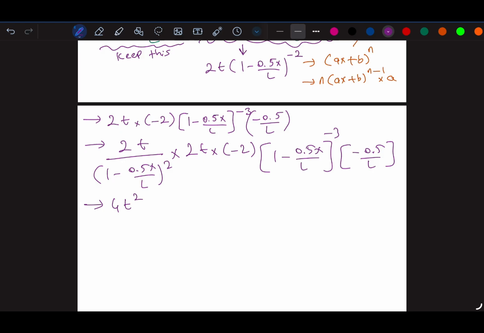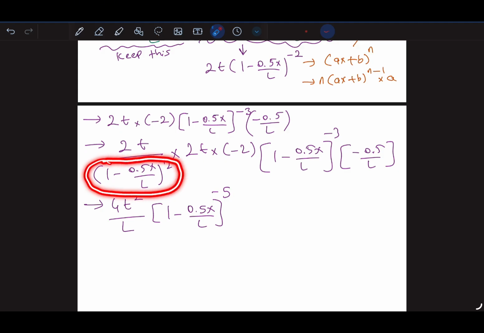We have 4t squared over L. We have this term with power of minus 2 and with the power of minus 3, so that in total we have this term with power of minus 5.